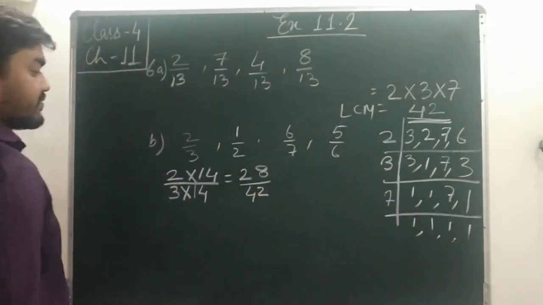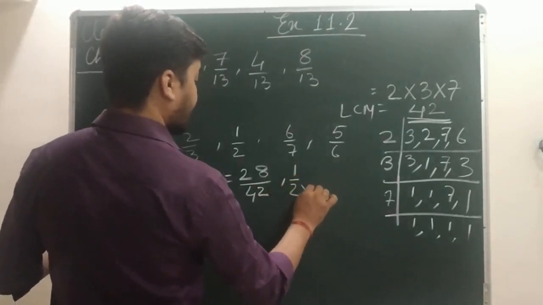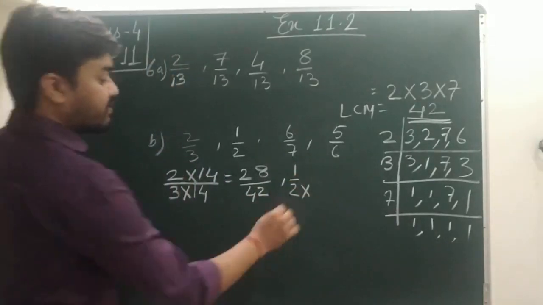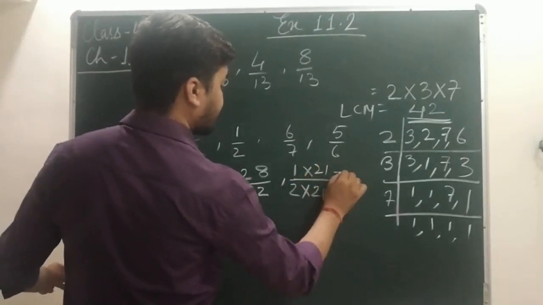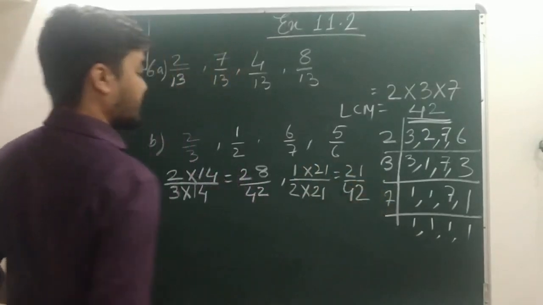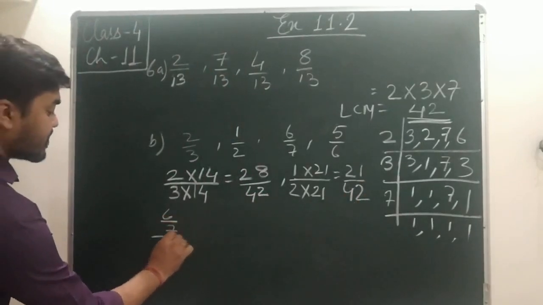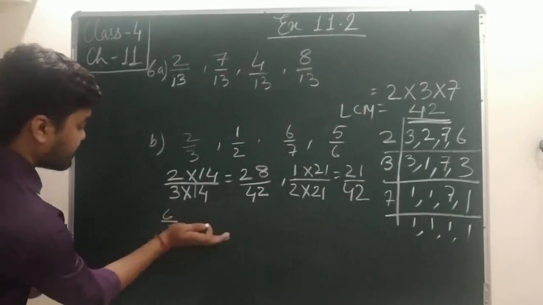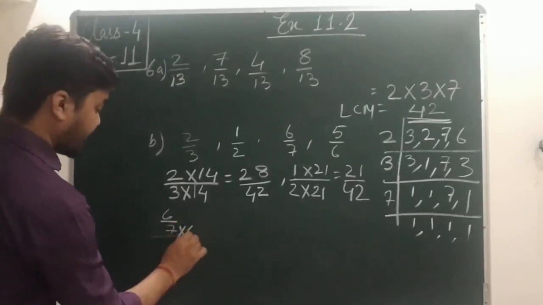This is the first number we got. Second, 1 by 2. How can we make 42? We have to multiply by 21. Okay. Next, 6 by 7. How can we make 42? Multiplying with 6.